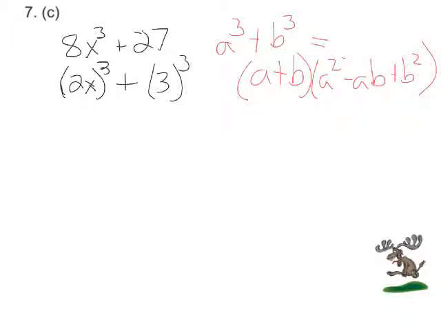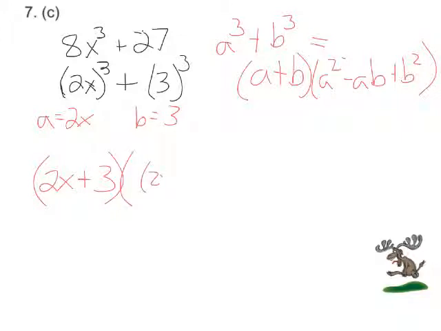In this case, our a is 2x and our b is 3. So when we factor this out, we're going to get 2x plus 3, times 2x squared, minus 2x times 3, plus 3 squared.